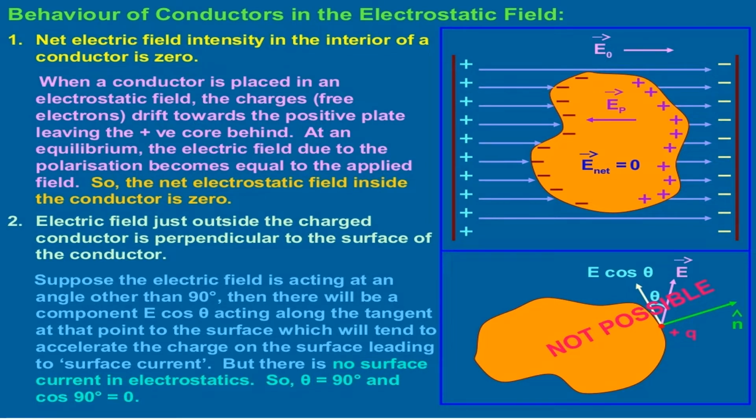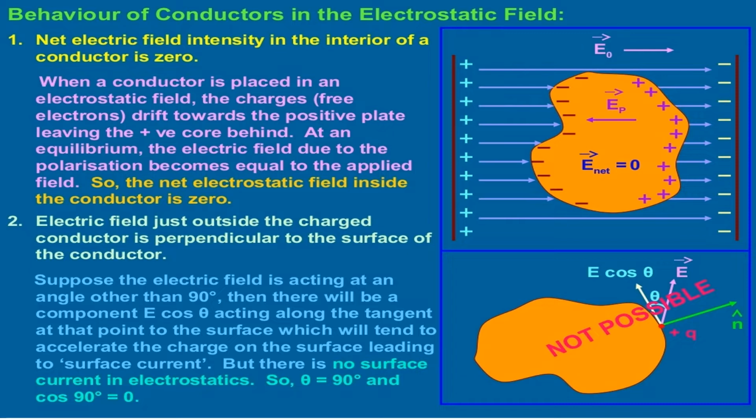Number 1. The net electric field inside a conductor under electrostatic conditions is always zero. When a conductor is placed inside an electric field E0, there is a flow of electrons inside the conductor, so that an induced electric field EP is set up inside the conductor in a direction opposite to the external electric field E0, such that the net electric field becomes E equals E0 minus EP.